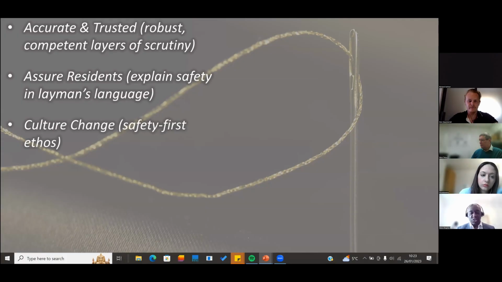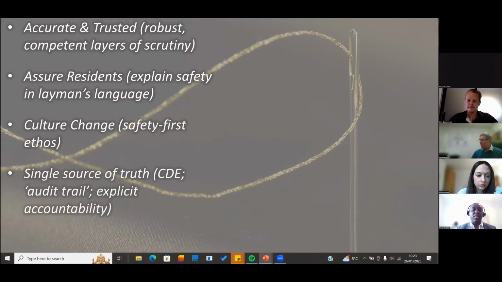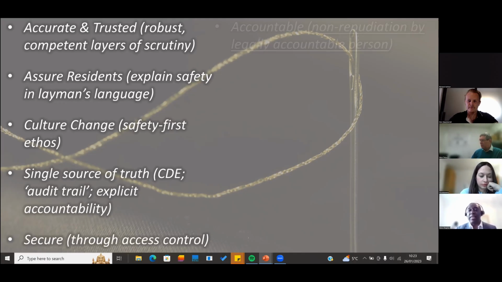We need a culture change, which means that there is a safety first ethos. And we need to have a single source of truth, which means that there is an audit trail, a common data environment, which means that we're not chasing around emails to find out what people committed to and did, and obviously having explicit accountability. And then, of course, it needs to be secure, so we have access control against that.